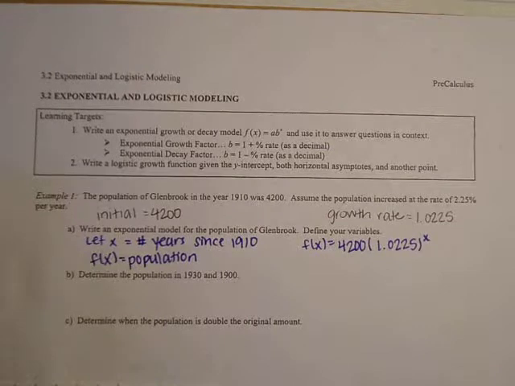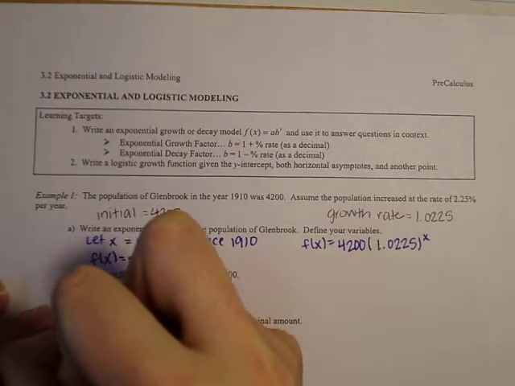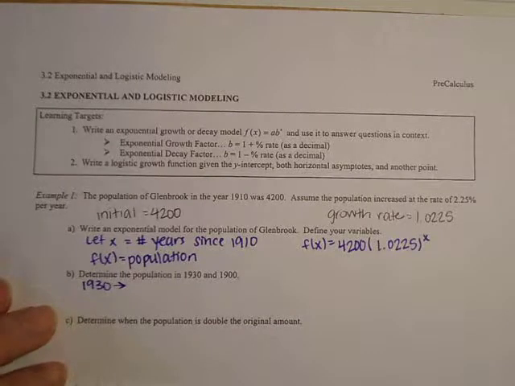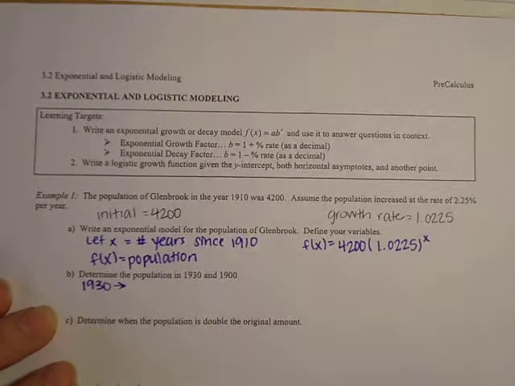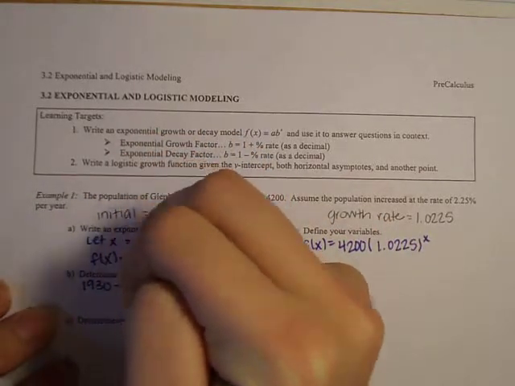So next we want to determine the population in 1930 and 1900. We must figure out what x is. 1930 is 20 years after 1910, which is what our initial x was. So for 1930, our x would be 20.